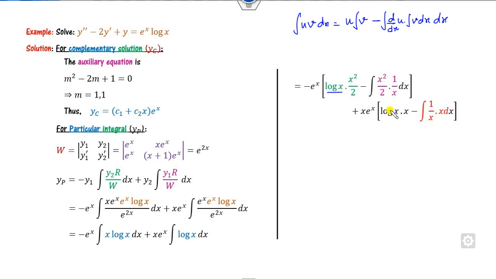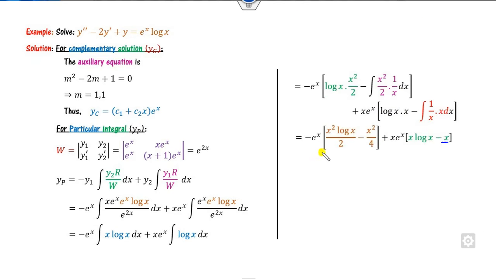So that will be here. Now this will be my x. Again it will be integrable. It is a 1, so it can be of the x, and here after just opening this bracket you will get this solution. So this is my yp, this is my yc, yc plus yp will be my general solution.